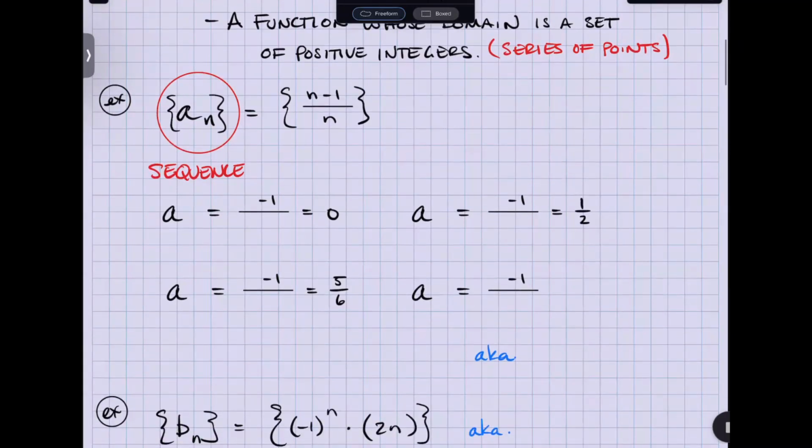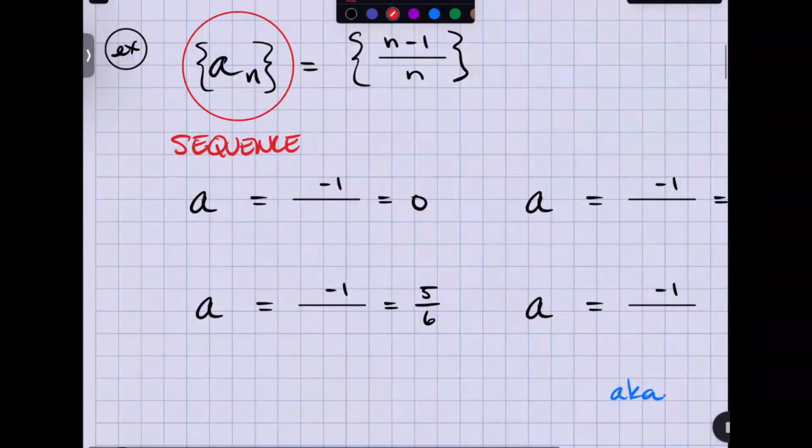So if it was to ask you for your first term, that means we're looking for a sub 1. Which means that your n is also 1. So this is going to be 1 minus 1 divided by 1, which is 0.